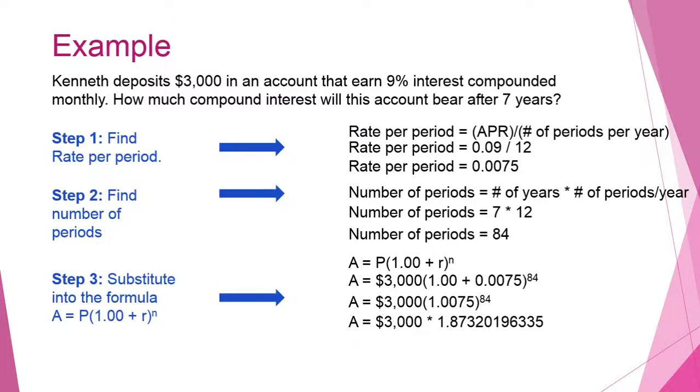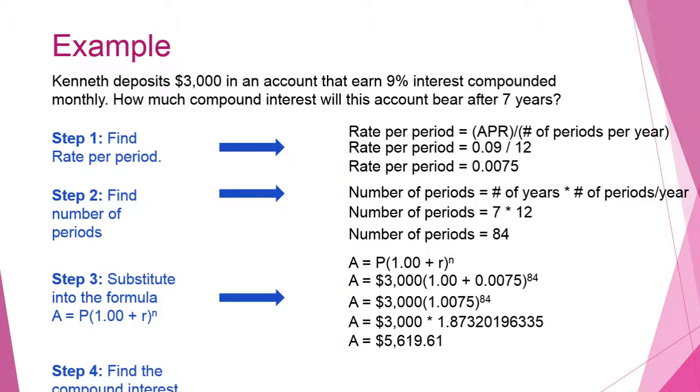So we do the exponent, and 1.0075 to the 84th power gives us 1.8732096335. So I rounded to a lot of numbers. You can stick to 4 to 6 numbers and your answer should be accurate enough. So last step is to multiply them together, giving us $5,619.61.